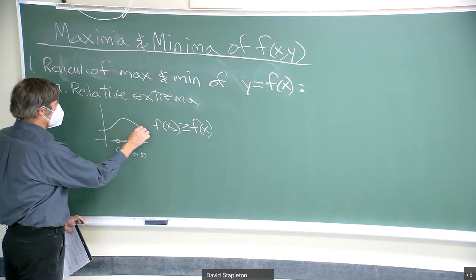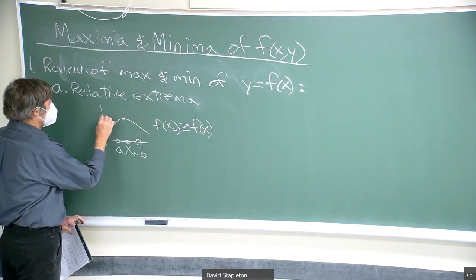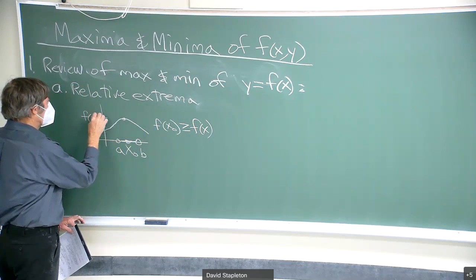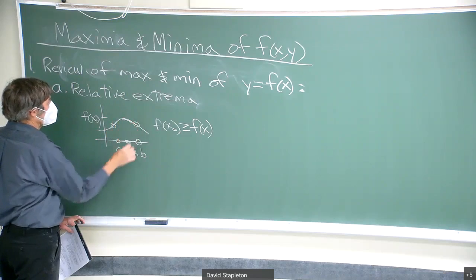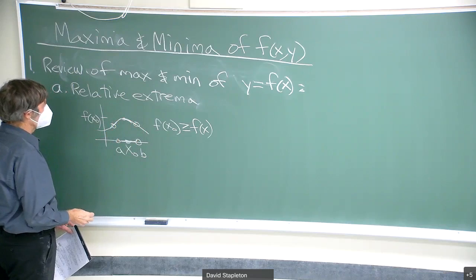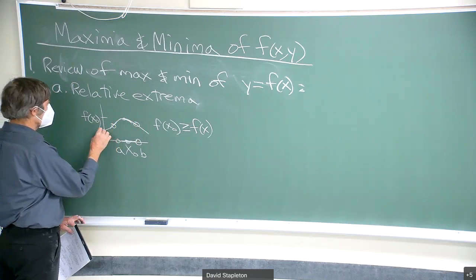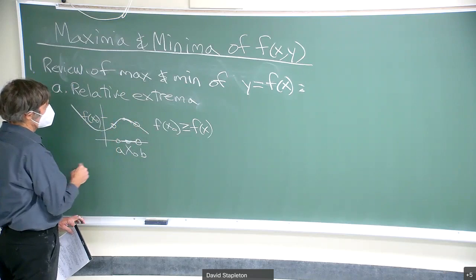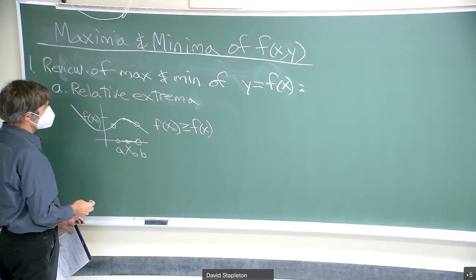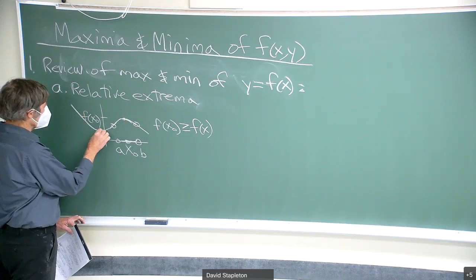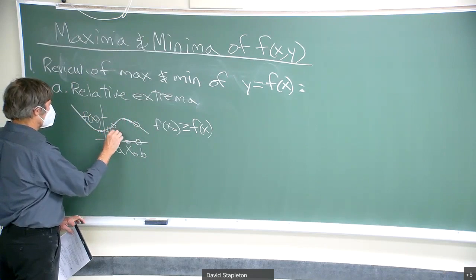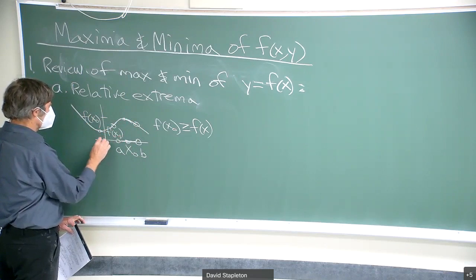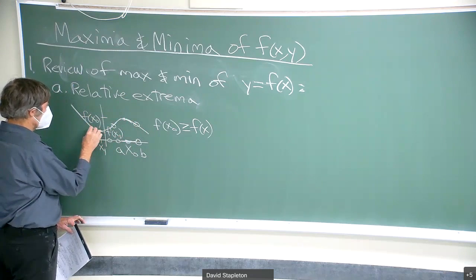Suppose we have this kind of thing where f of x0 is the highest point on some open interval. We only take the points from here over to here, and we call it a relative extremum, right? This would be a relative extreme point. It might be that the function goes off over here and is bigger, but this is still a relative maximum. Similarly, f of x1 at x1 is a relative minimum if on some open interval including x1, it's the lowest point.